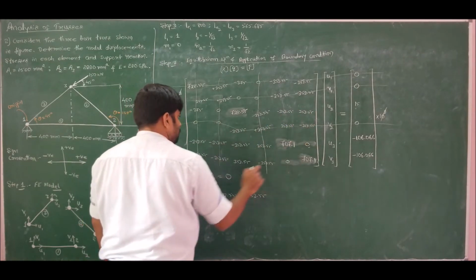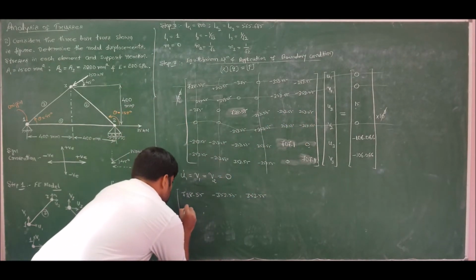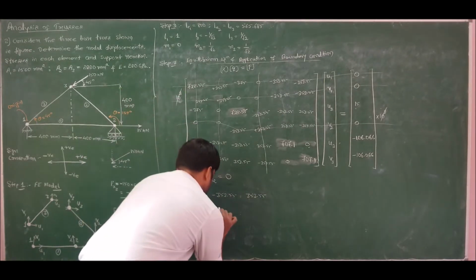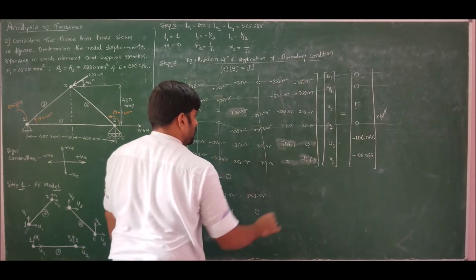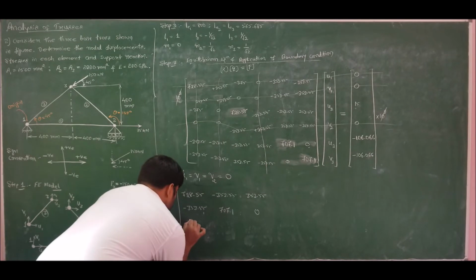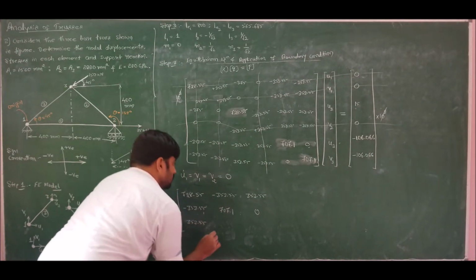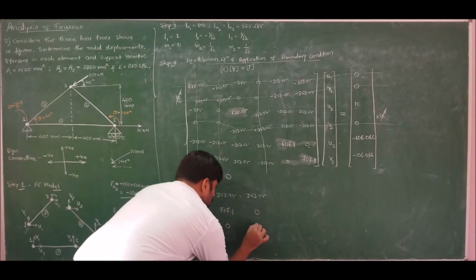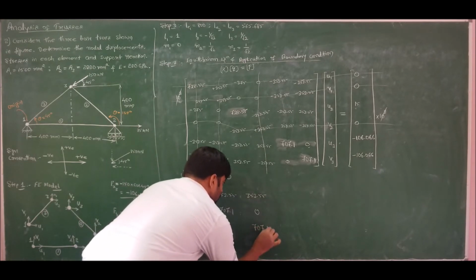Now coming to the U3 row, we have minus 353.55, 707.1, and 0. Coming to the V3 row, we have 353.55, 0, 707.1.